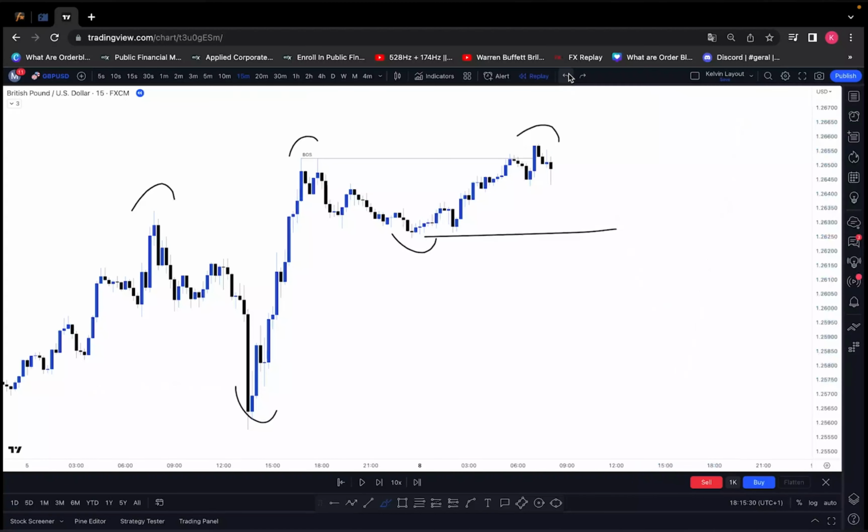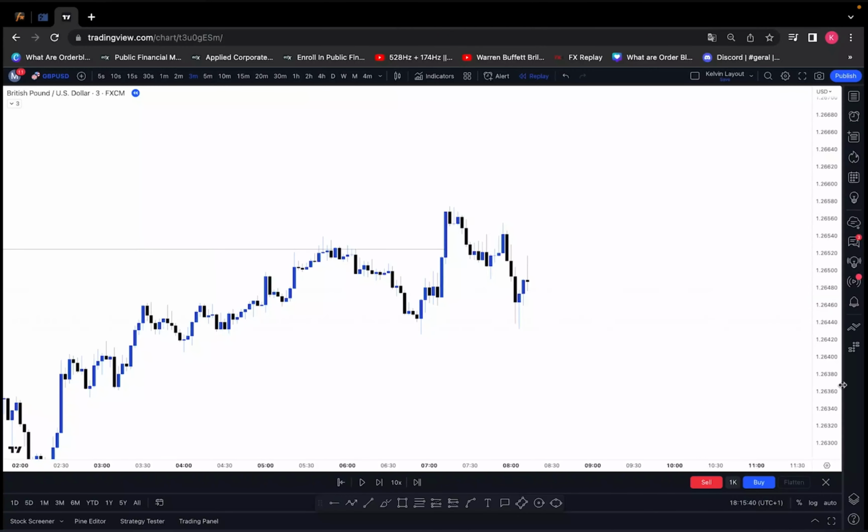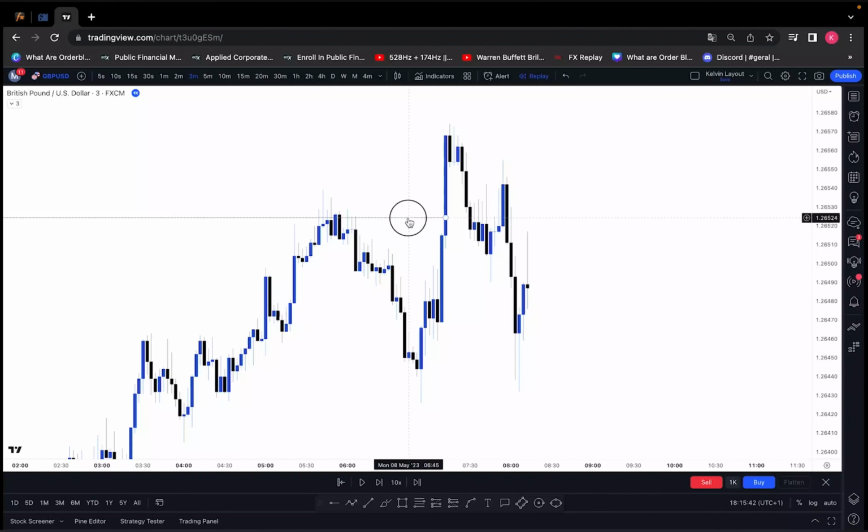So what I saw for this particular trade is that I went down to the 3 minutes time frame. So I was here, so let's just drop down to the 3 minutes, and let's delete this line right here. So if we look left, we can see that this move right here happened during Asia session. So this was the Asia high right here.